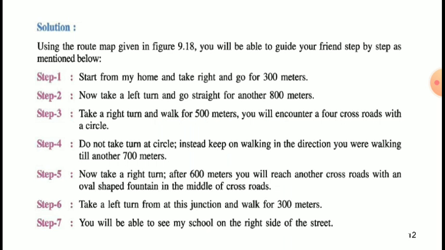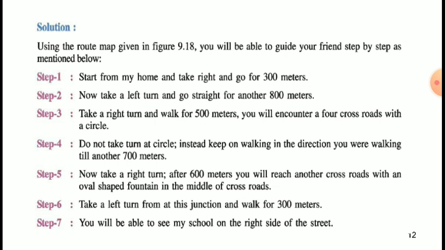Step number 3, take a right turn and walk for 500 meters. You will encounter a four-way crossroad with a circle. Step number 4, do not take a turn at the circle.